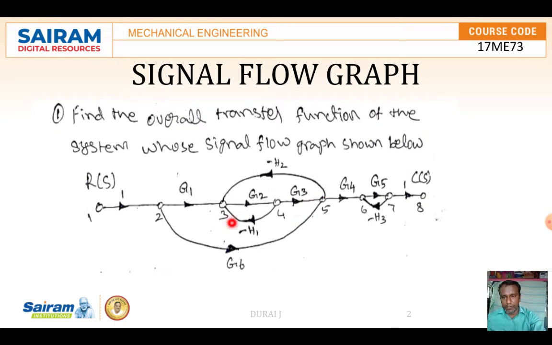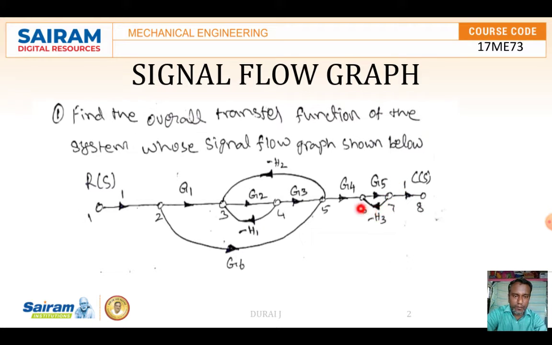whose signal flow graph is shown. R of S is the input. From the first to the second node the gain is 1, second to third node the gain is G1, 3 to 4 gain is G2, 4 to 5 gain is G3, 5 to 6 gain is G4, 6 to 7 gain is G5, 7 to 8 gain is 1.